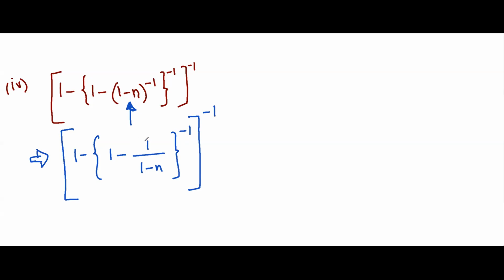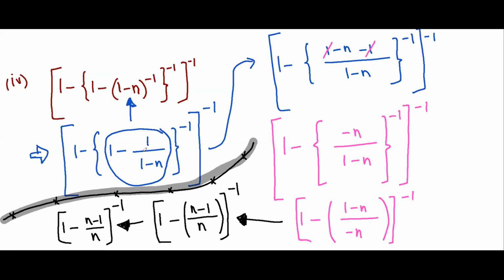First thing that we need to do is take an LCM of this. So I need to take the LCM of this 1 minus 1 upon n. This question is a bit complicated, so I took the liberty of doing a few more steps so that I can make you understand.